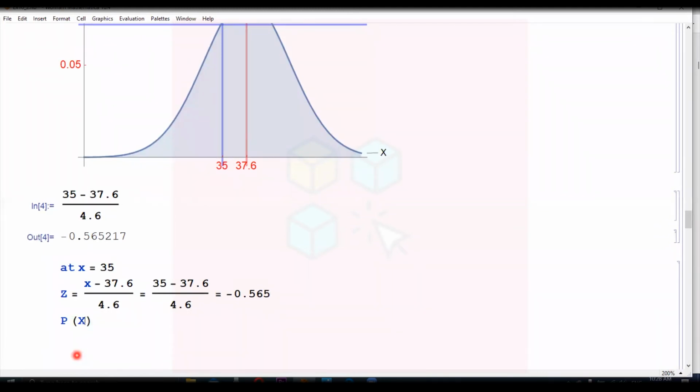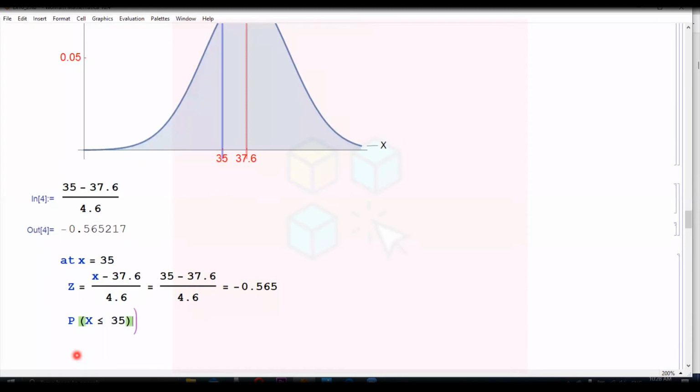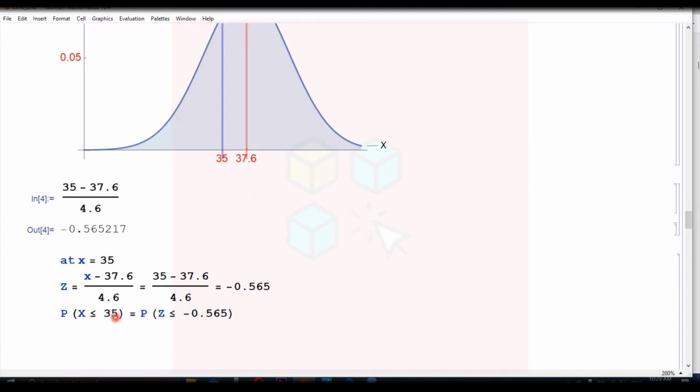X less than or equal to 35, which is now converted into z, and the sign will not be changed. Less than or equal to, now we will write here minus 0.565, which is the corresponding value of 35 on the z scale.